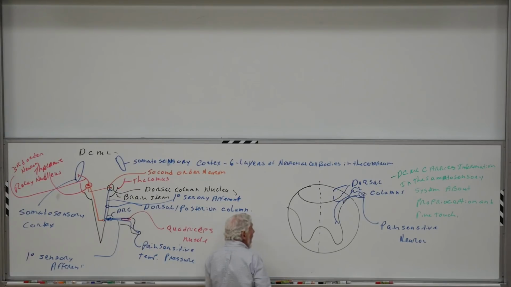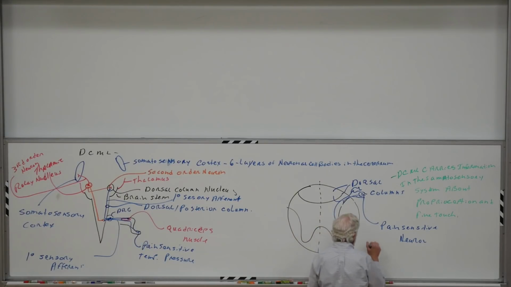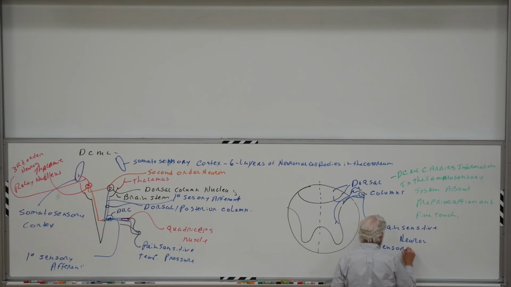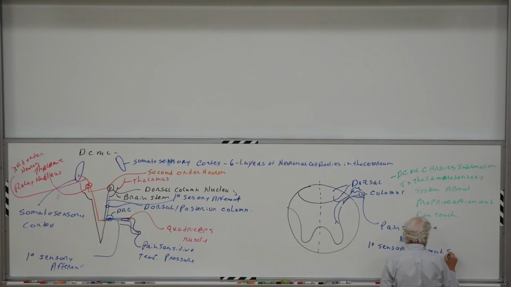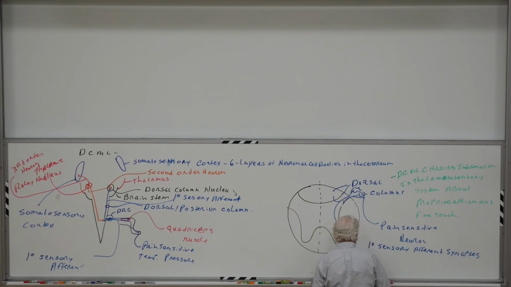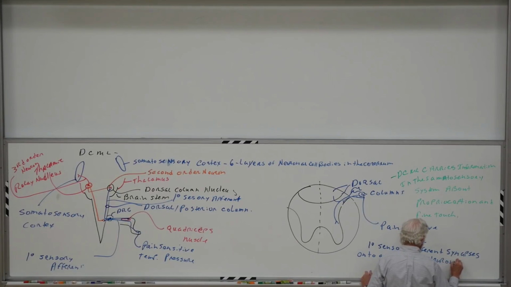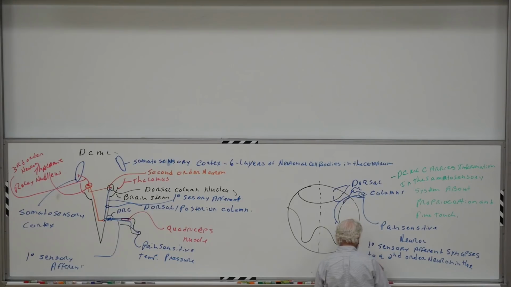So we can spell this out and say this primary sensory afferent synapses onto a second-order neuron in the dorsal horn.